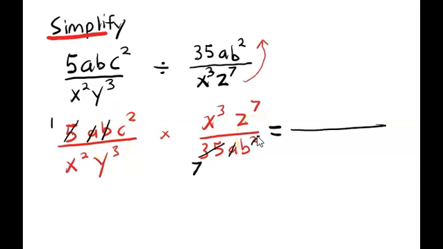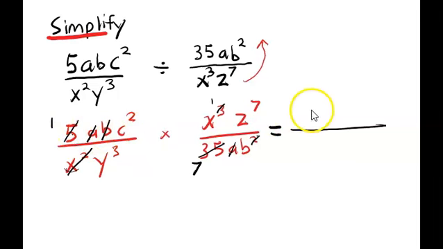So 2 minus 1, you'll be getting 1. Okay, now we look at the x. Here's x squared. Here is x to the power of 3. So 3 minus 2, you'll be getting 1. And I think that's it.